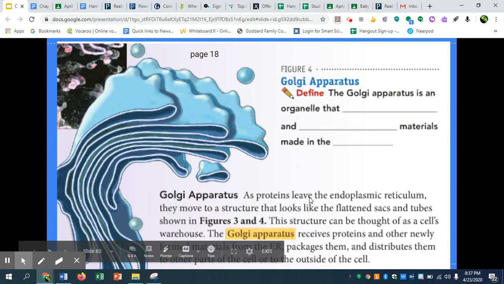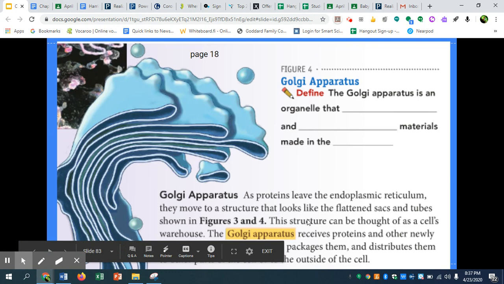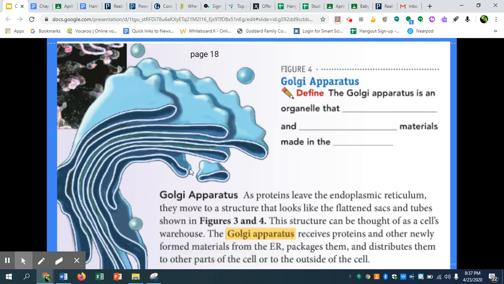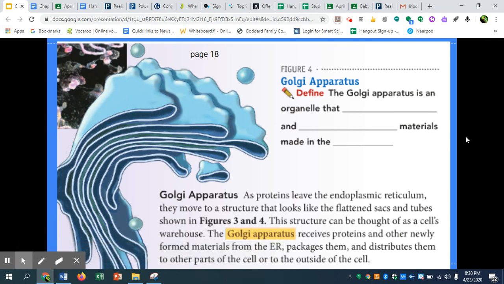So here it says, as proteins leave the ER, the endoplasmic reticulum, where those proteins are finished being made, they move into a structure that looks like a flattened set of tubes, shown here. And this structure can be thought of as the cell's warehouse. The Golgi apparatus receives proteins and other newly formed materials from the ER, packages them, and distributes them to other parts of the cell or to outside the cell.